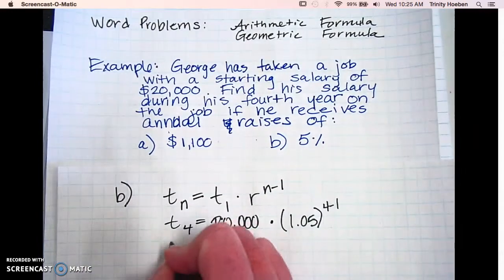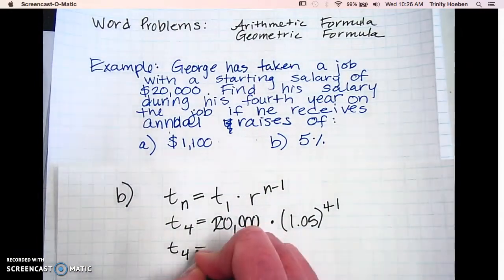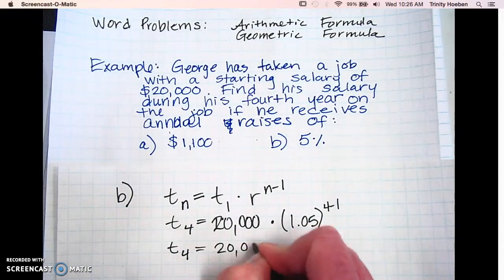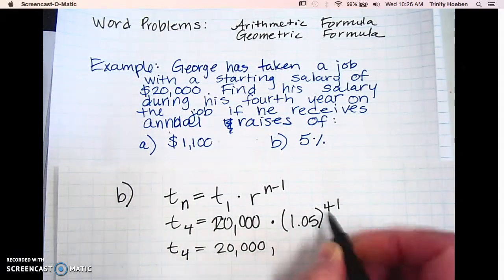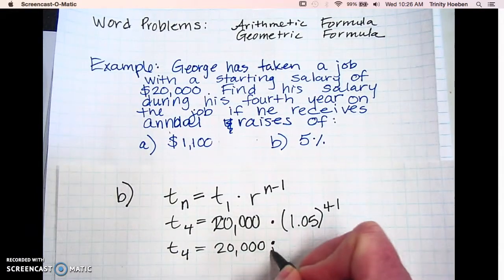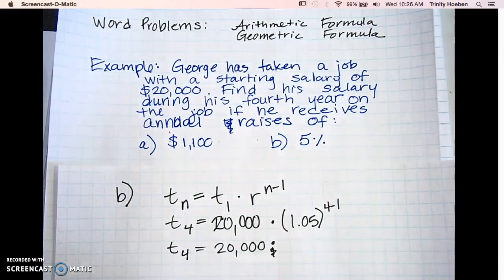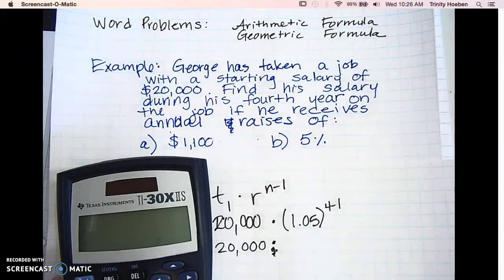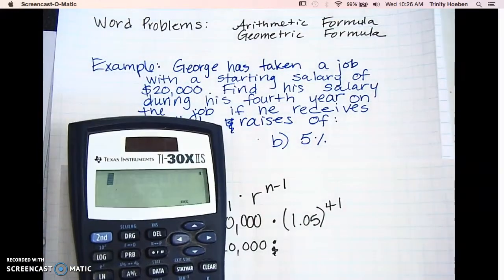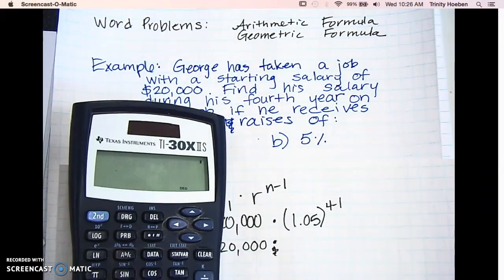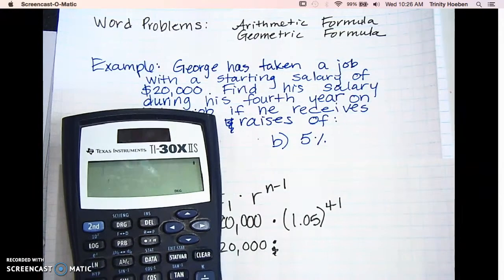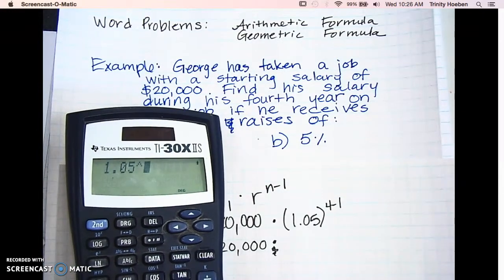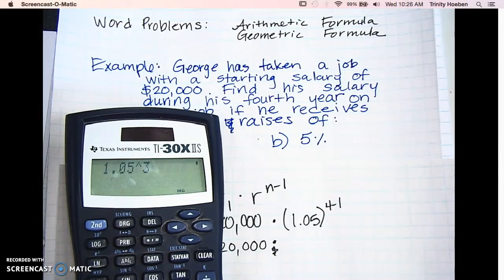All right, so let's simplify this. We're going to have 20,000 times, not colon, 1.05 to the 3rd. So if you're typing it in your calculator, you want to follow order of operations. So you're going to multiply first or exponent first? Exponent first. So 1.05 to the power of 3, hit equals.